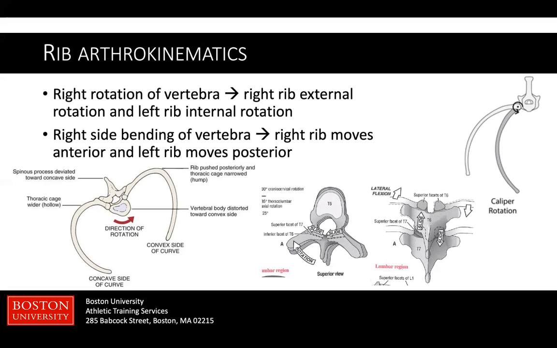Now, if we relate that back to what we expect to happen at the thoracic spine arthrokinematically, we understand that as we rotate with the thoracic spine, we're going to get opposite motion in our facet joints, and then that same concept with lateral flexion in terms of opening and closing. So we do want to think about that in the context of the rib, because the ribs and the thoracic spine are married as they move.